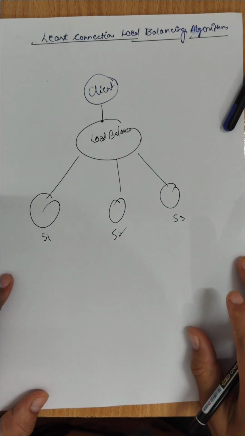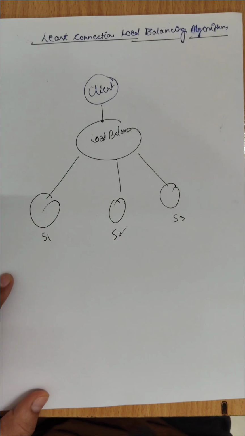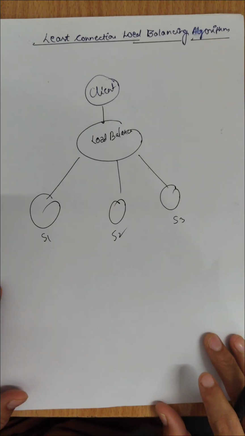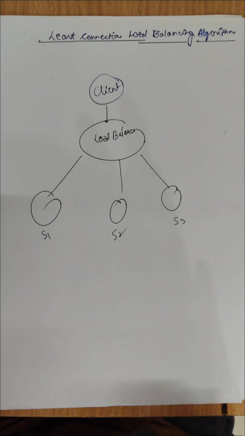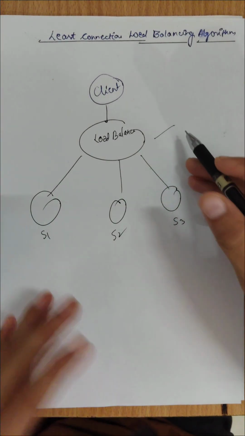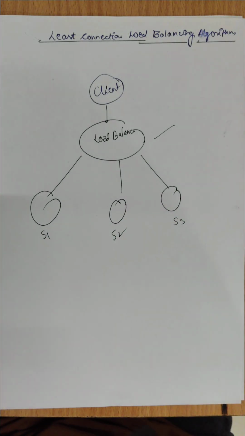So this is the basic architecture. If you are aware of single server architecture, I have also created a video on that. So we have a client and a load balancer we are using to distribute the requests among the servers because we have multiple servers.